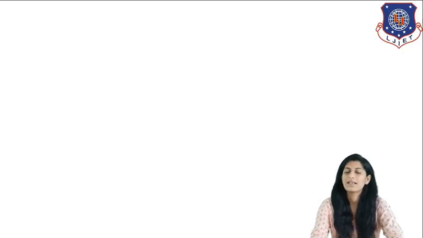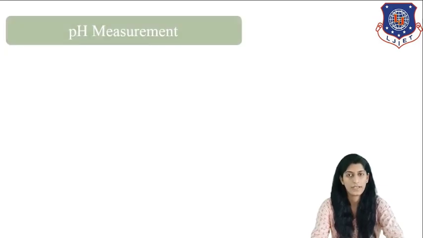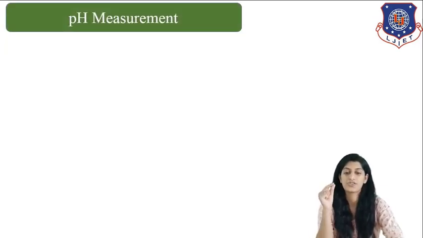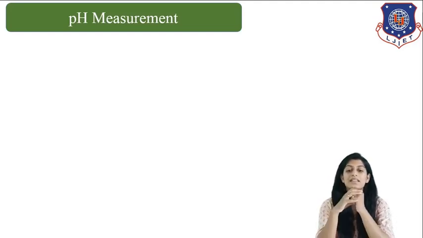So, let's just start with today's topic, which is pH measurement. Before dealing with today's topic, let us give a quick recap of what we covered in our last session.